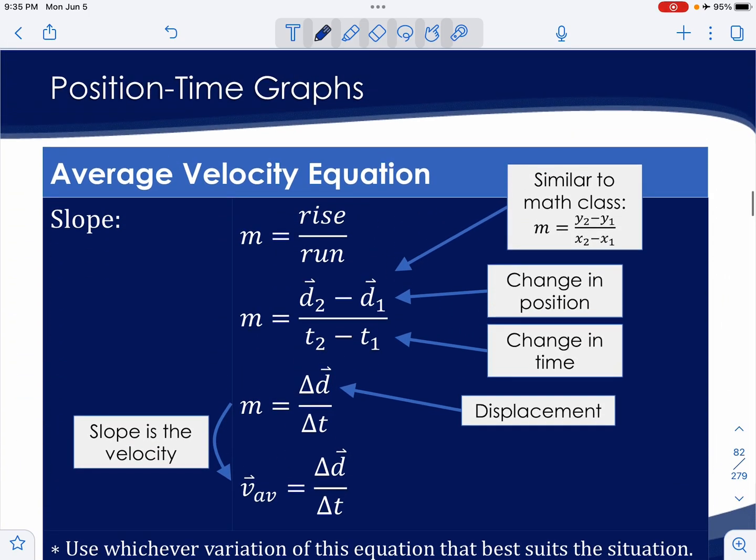Here we can recap that. Here we have rise over run. And what we get is position 2. The rise is position 2 minus position 1 over time 2 minus time 1, right?